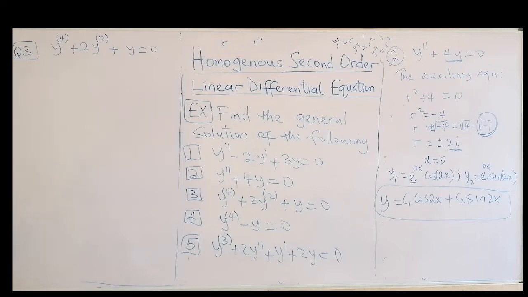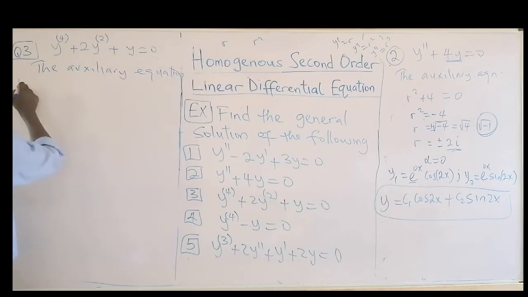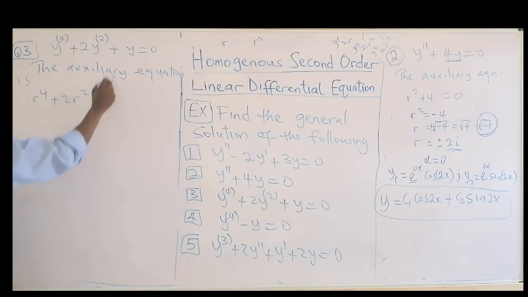So the auxiliary equation for this question is r to the 4 plus 2r squared plus 1 equal to 0.